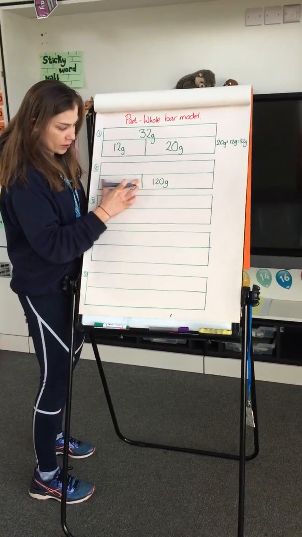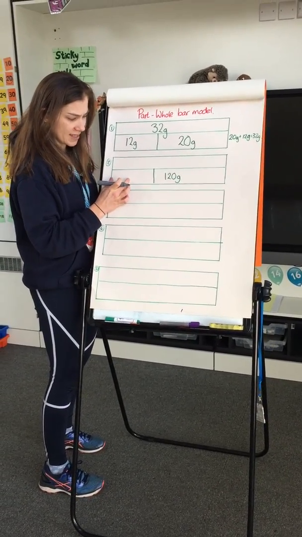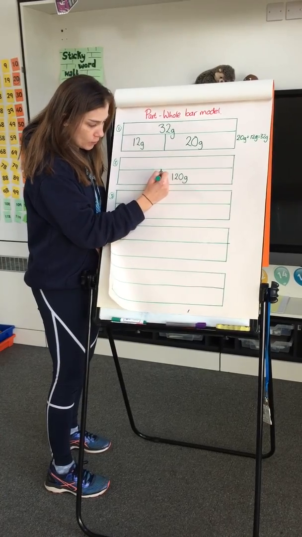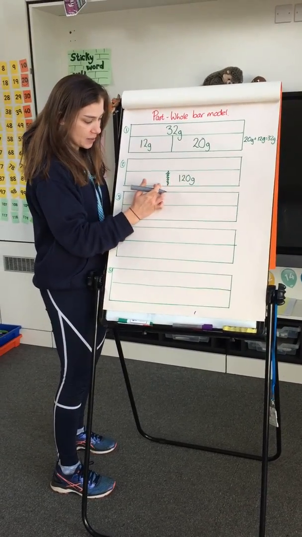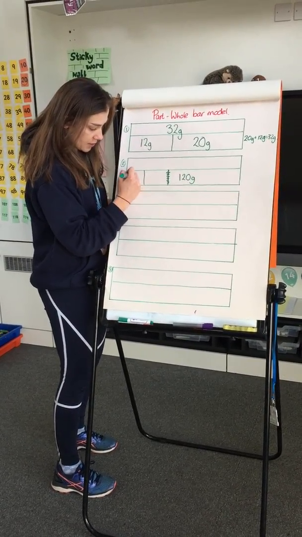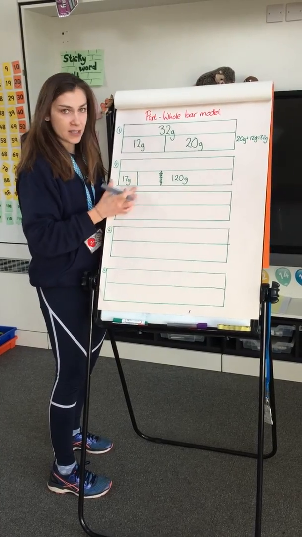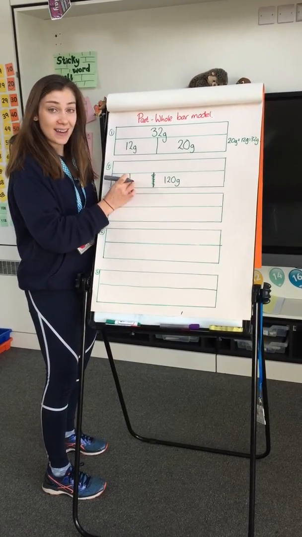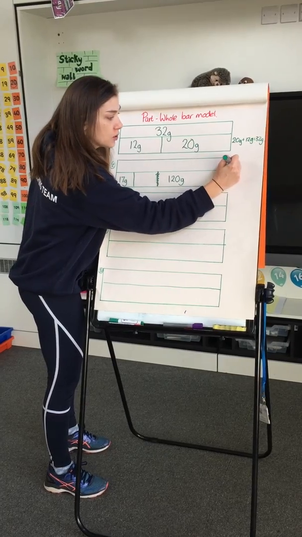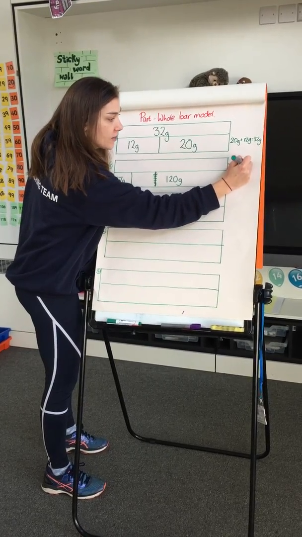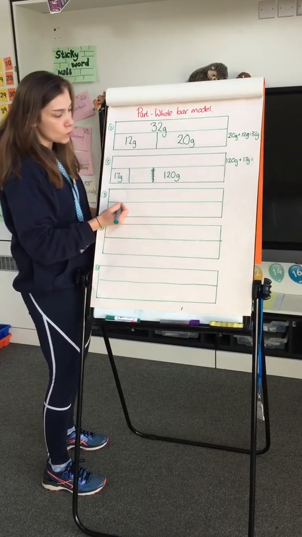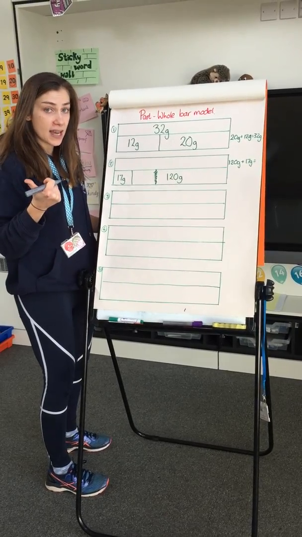Actually, this bar probably needs to be a bit smaller because it's only 17 grams. So I'm going to move that. My 120 needs to be quite long and my 17 grams needs to be quite small. What am I going to do to find out what they are all together? I'm going to add them. 120 grams add 17 grams equals, so you might want to use the column method to add them up.